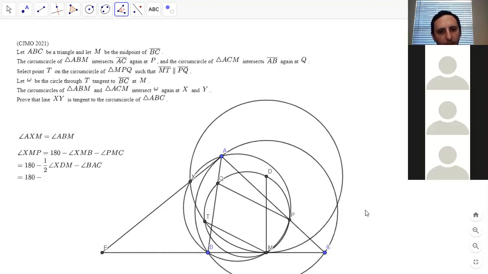And another way would be showing that. So then we could kind of remove point D from the problem, I guess, right? Yeah, then we could remove point D from the problem.